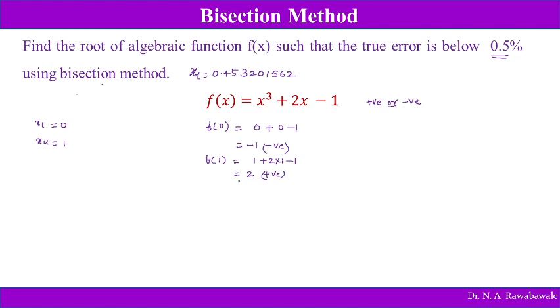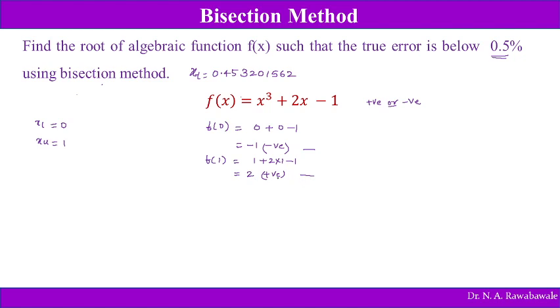So when we substitute the lower limit it is negative, and when we substitute the upper approximation the function yields a positive value. It may also be that the lower approximation yields positive and the upper approximation yields negative. But these two should have opposite signs. This is the first condition for the bisection method.